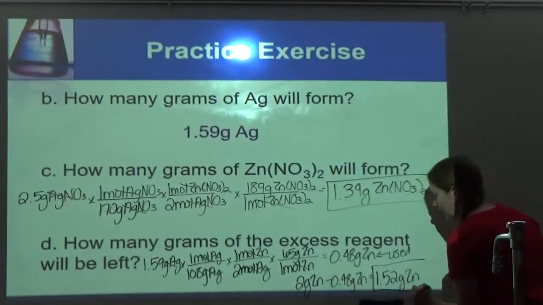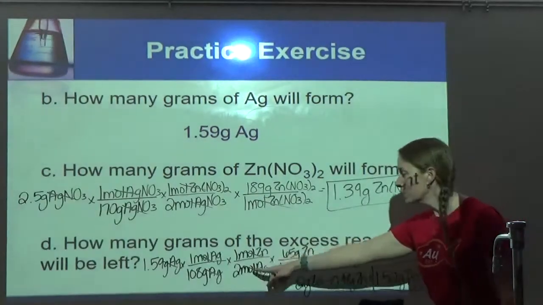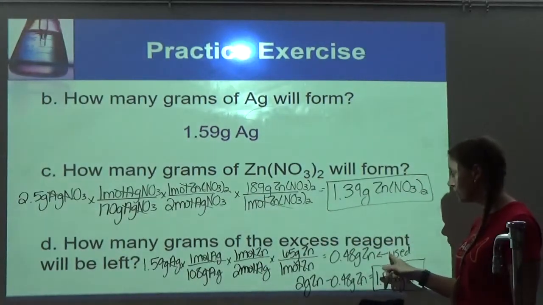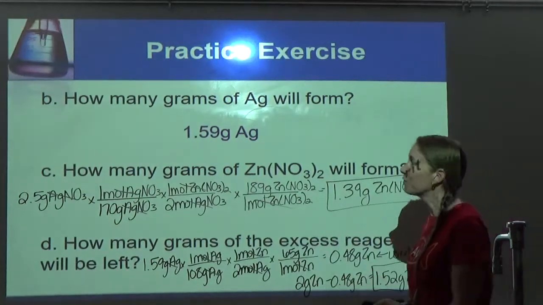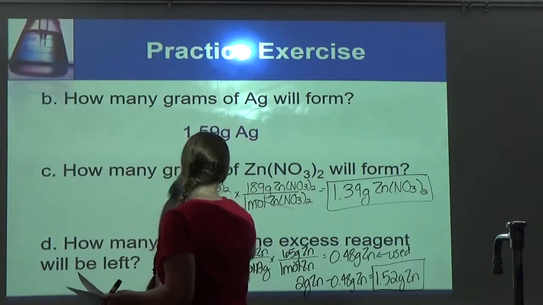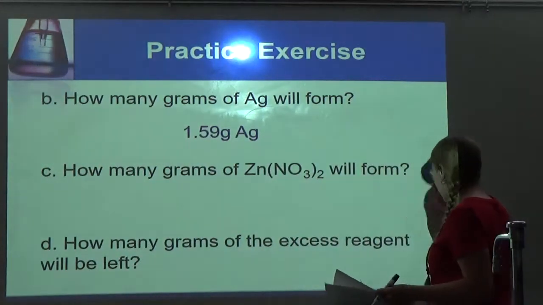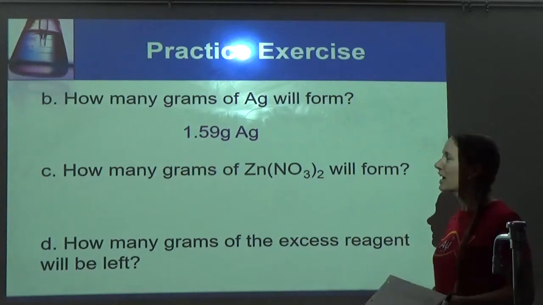And so that is what's left over. Okay, so the important thing is when you're calculating excess, don't just figure out how much excess you use. You then need to subtract that from your starting amount. All right, so hopefully you've been getting these right. Really the only kind of tricky one would be calculating that excess reagent, how much is left over.